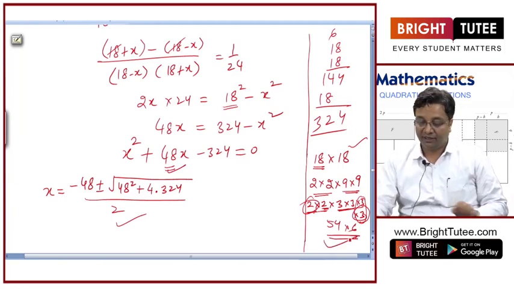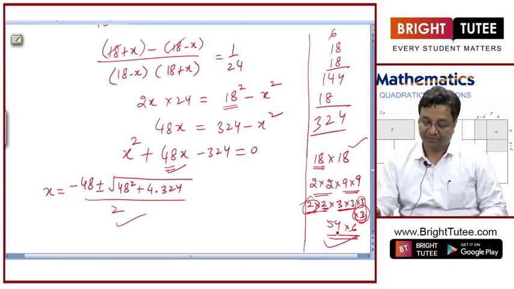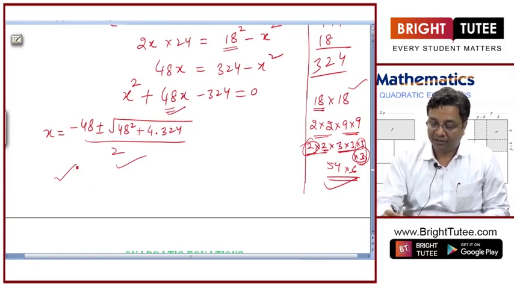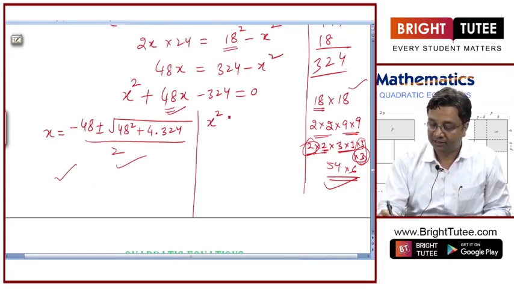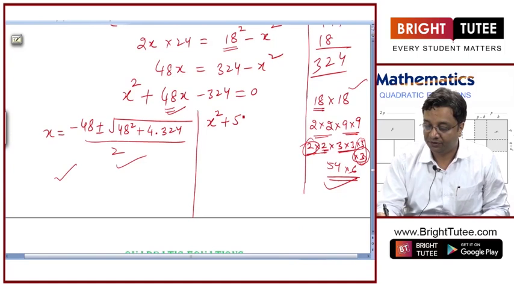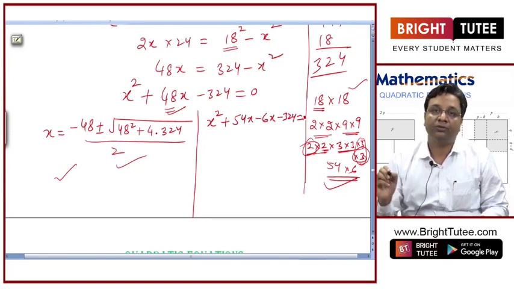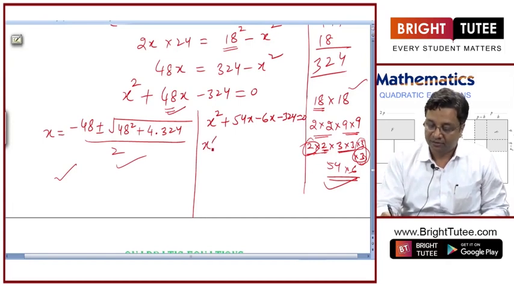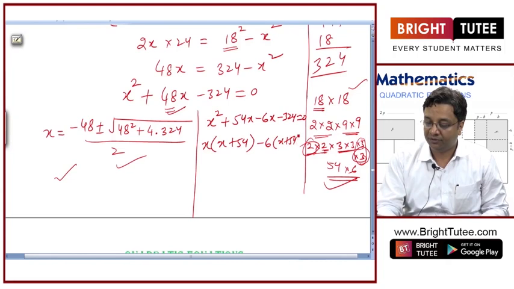So I have created a difference of 48 here. So either you go by this method or you go by this factorization method. x square plus 54x minus 6x minus 324 equal to 0. So x plus 54 into x minus 6 equal to 0. It will give me x equal to minus 54 or 6.